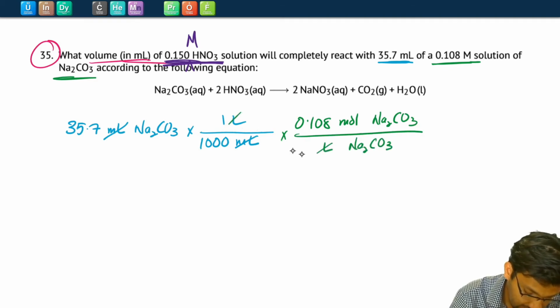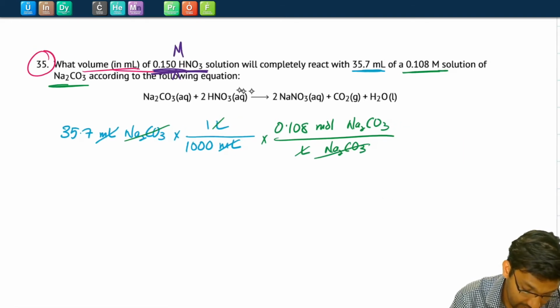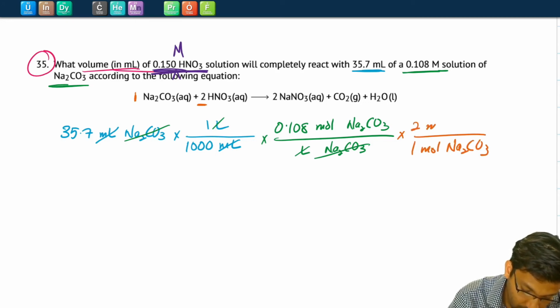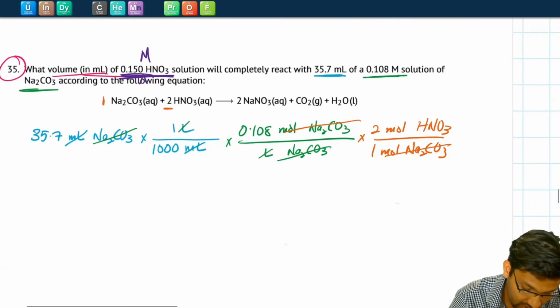So liters cancel out there, and now we have moles of sodium carbonate. Let's use our mole ratios. In this problem, 1 mole of sodium carbonate reacts with 2 moles of nitric acid. So that cancels out, and now we're left with moles of nitric acid.